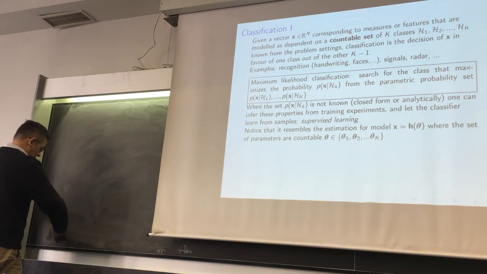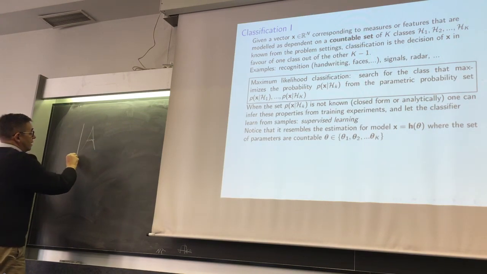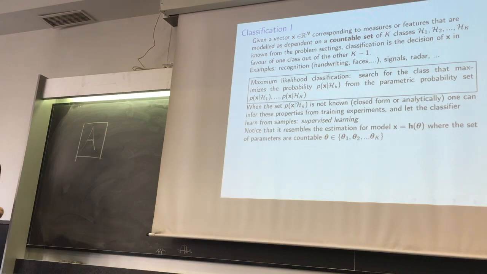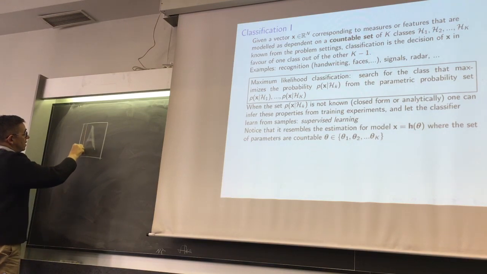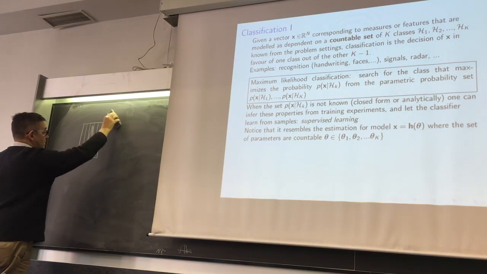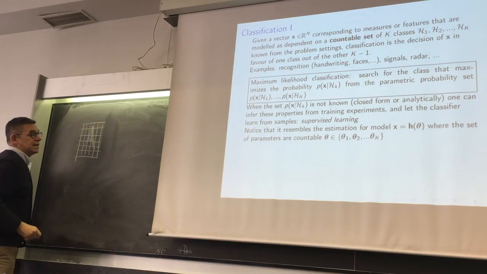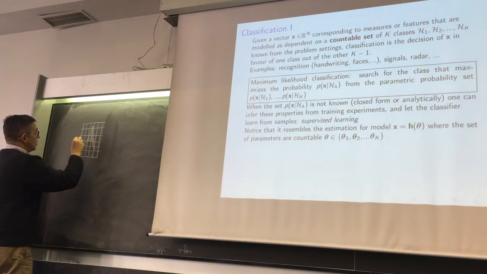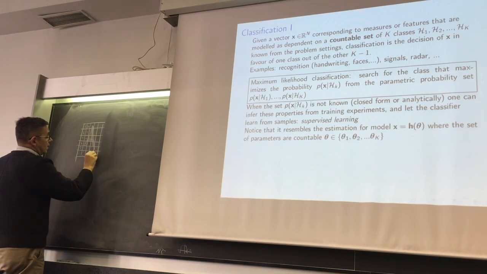So imagine I have a letter A, and we use pixels to represent the letter A. This is the handwriting, and this is the set of samples in the image representing the letter A. I take all these samples in order: 1, 2, 3, 4, 5, and so on, then 10, 11, 12, 13, and so on, until I have n.